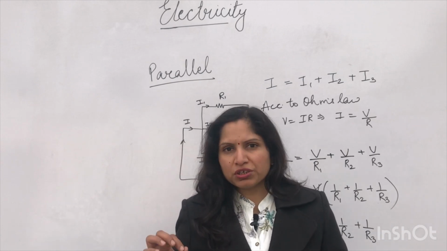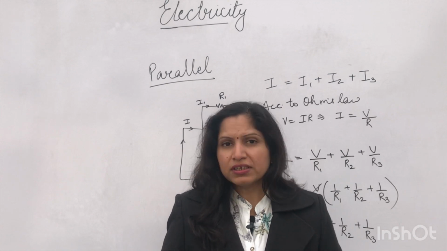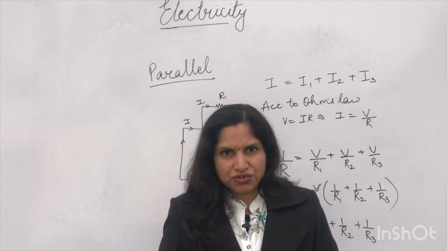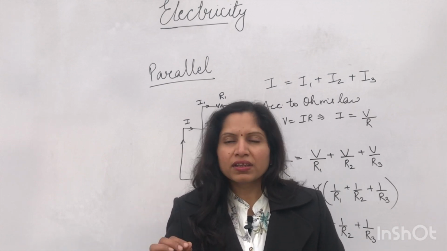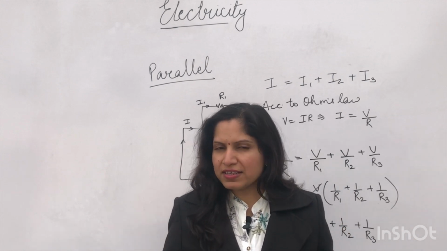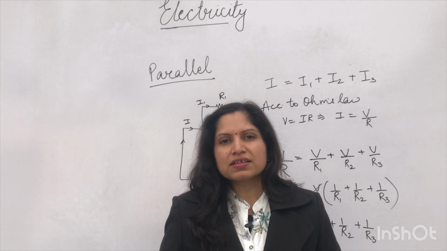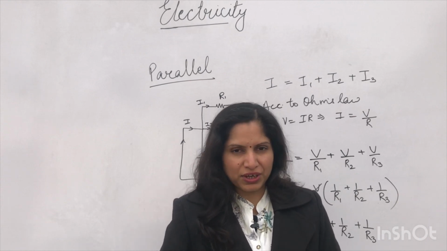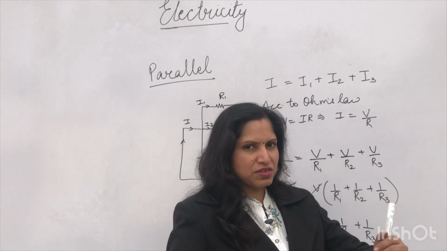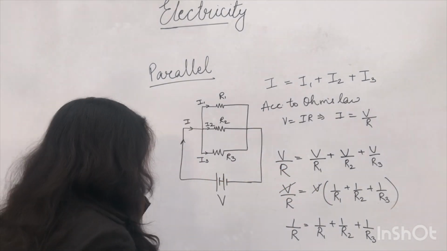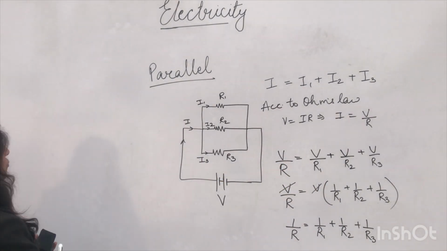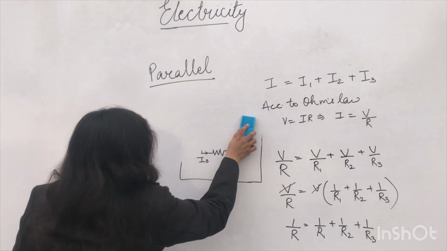So total potential difference is 18 volt, the resistance of each resistor is 9 ohm. Find out how much current is passing through the circuit in both the situations and what is the total resistance of the circuit. Try to do it by yourself. I'll be solving it on the board as well. So you can pause the video and try to do it on your own.